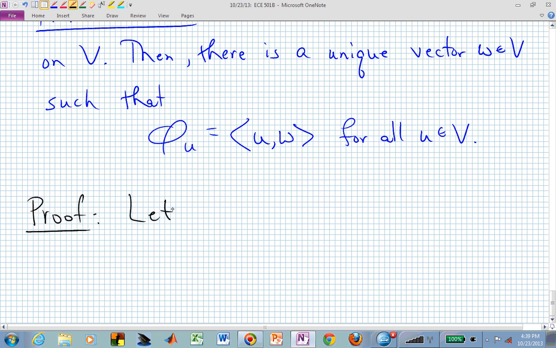First, let's define an orthonormal basis on our underlying vector space V. Let's say we have E1 through En, and our vector space V is n-dimensional.